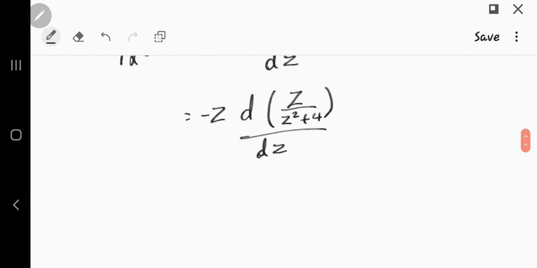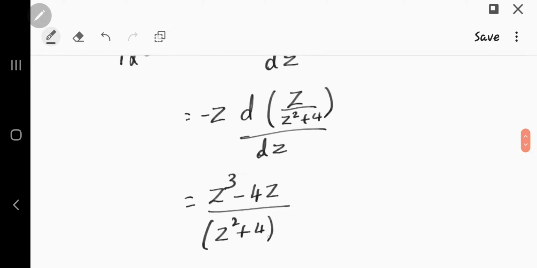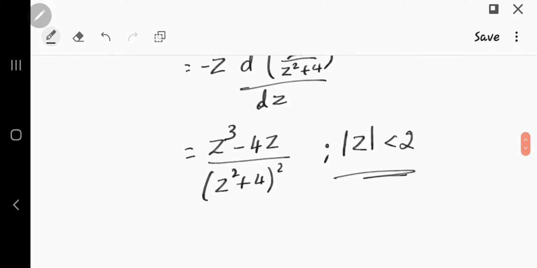Now if you perform this differentiation and simplify, you should get z cube minus 4z divided by z square plus 4 whole square, and the ROC is mod z less than 2, which is given. So this is y2 of z.